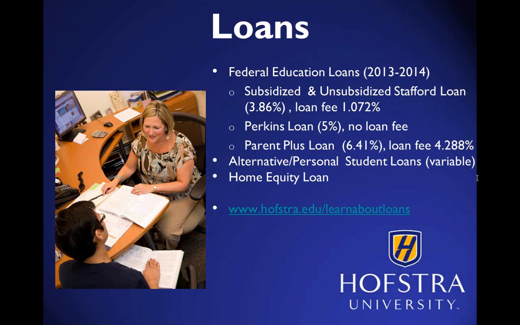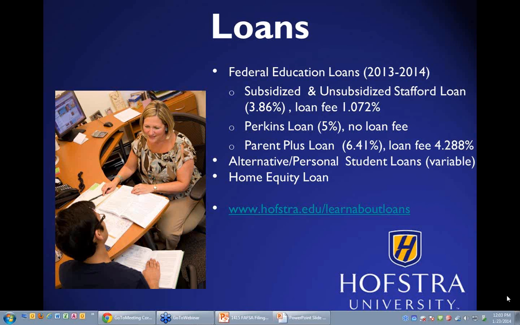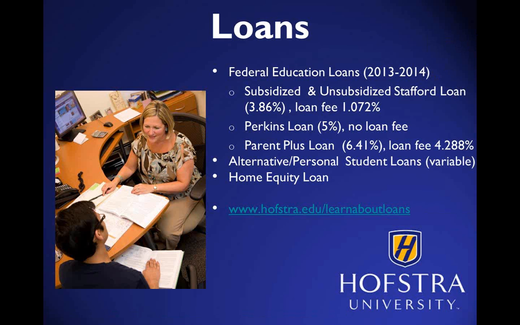The interest rate is currently at 3.86% with a loan fee of 1.072%. The student has the option to repay these loans while in college, but most students defer and repay when it is required, which is 6 months after graduation.